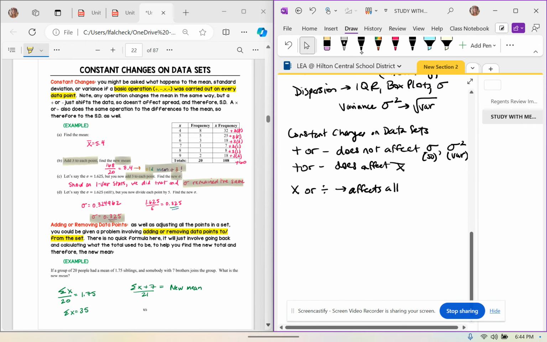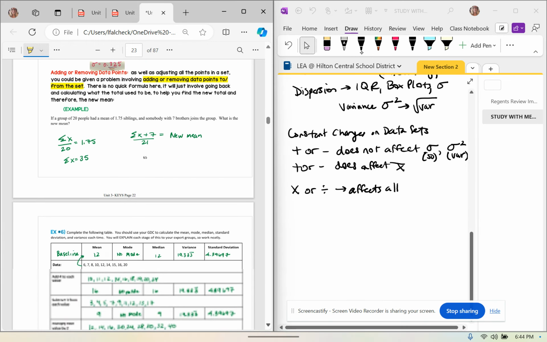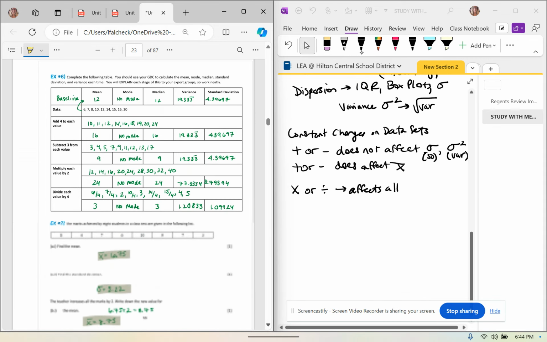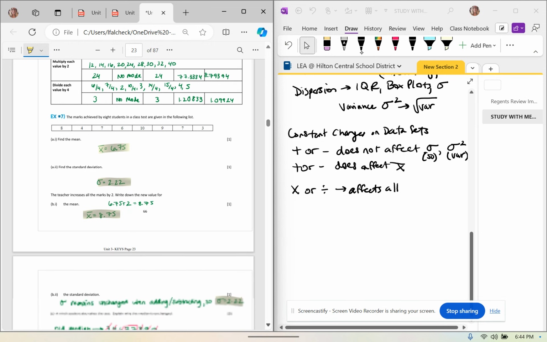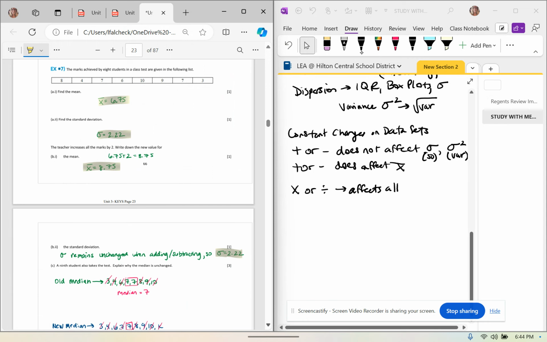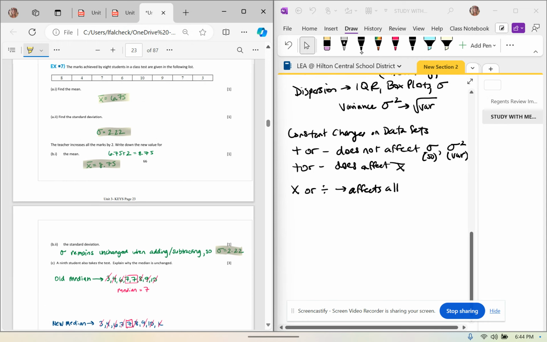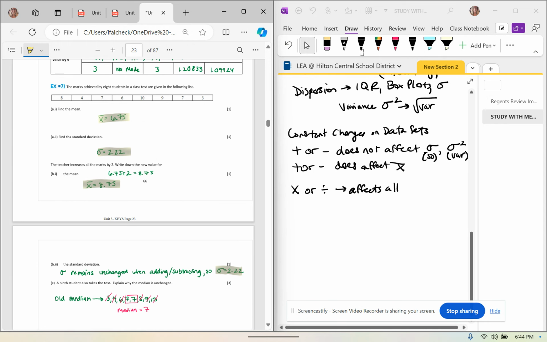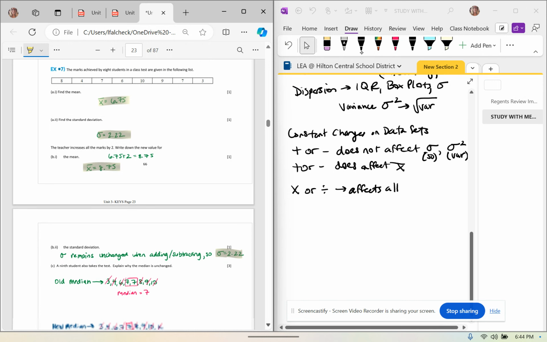Okay, so let's keep scrolling through and see if we're going to miss anything in here, okay? All right, so this was talking about constant changes on data sets. Okay, and remember, if we wanted to find the standard deviation or the mean of anything from a list, we would just type it into one of our stats.